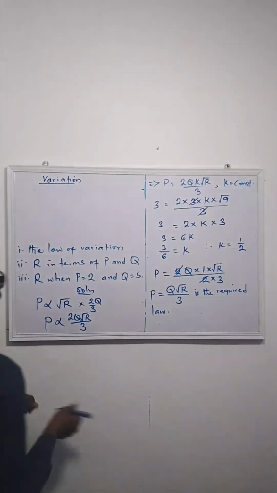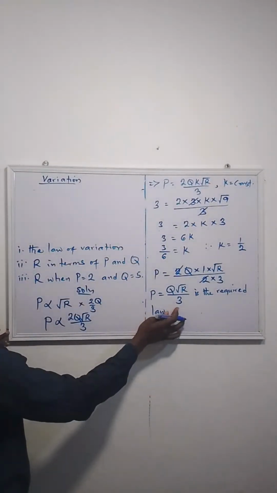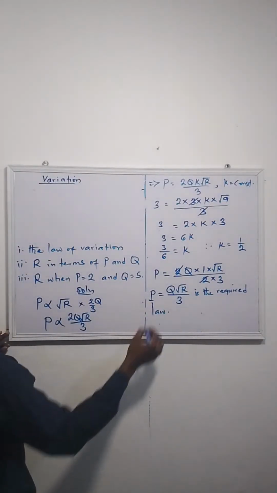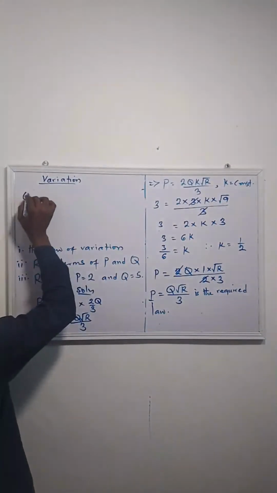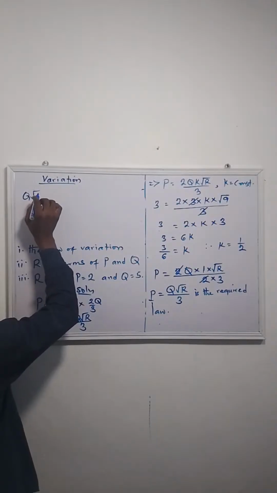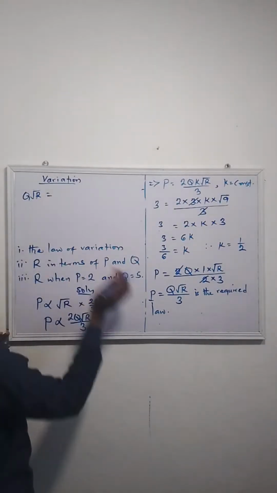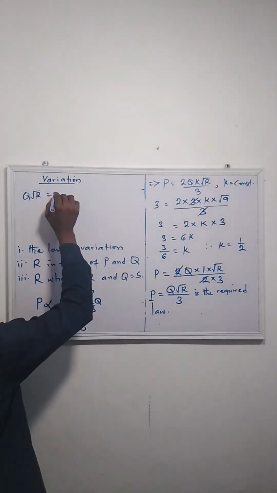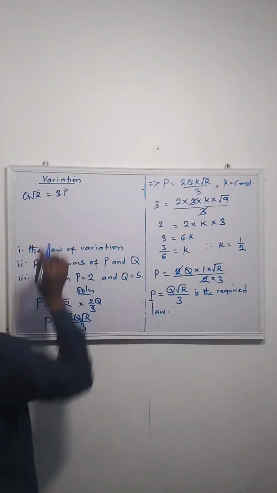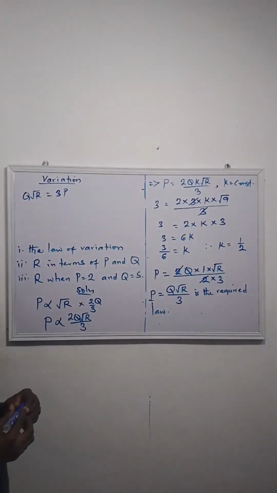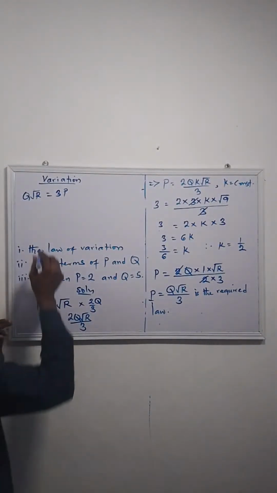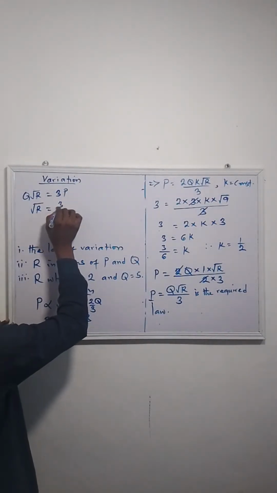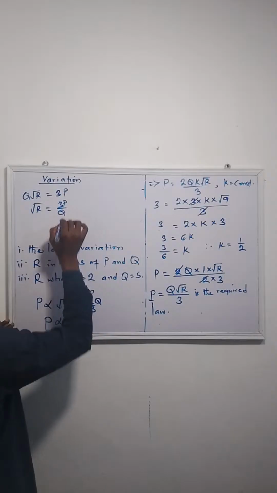Here you just cross multiply. This one is like over 1. So we have Q square root of R equals, now use this to multiply this. That gives you 3P. So next you divide both sides by Q. So you have square root of R equals 3P over Q.